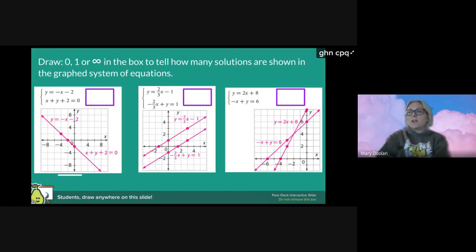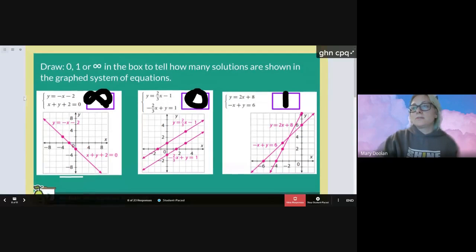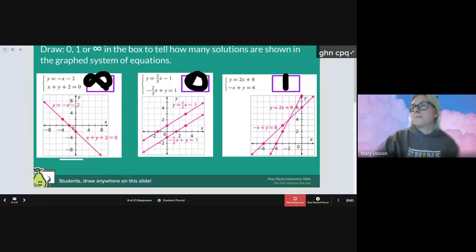Okay, so go back to your pair deck tab, everyone. So right here, it looks like there's just one pink line, right? But there's not. There's actually two lines. This is this equation and this equation, and they coincide. They intersect everywhere, so there's infinitely many solutions.